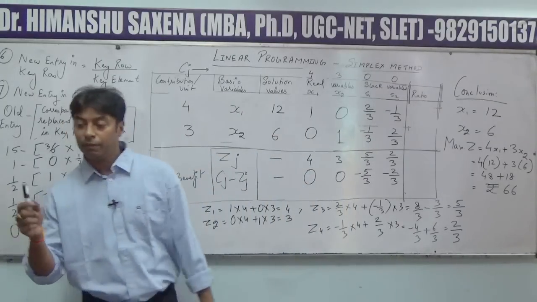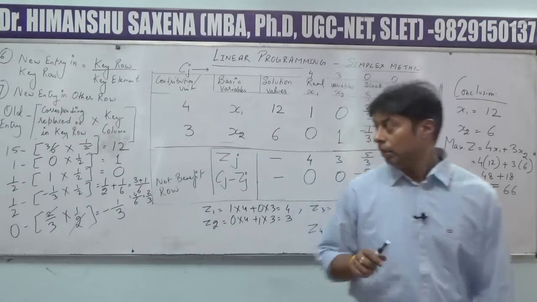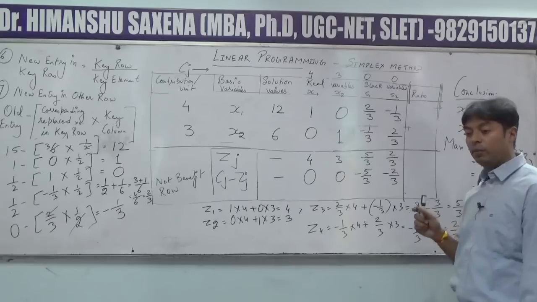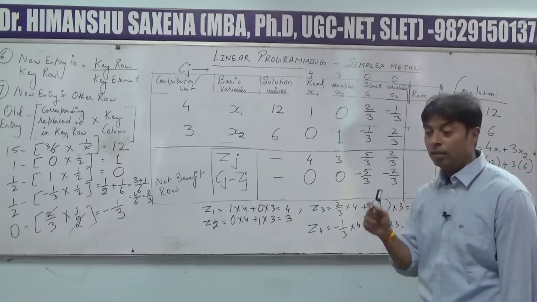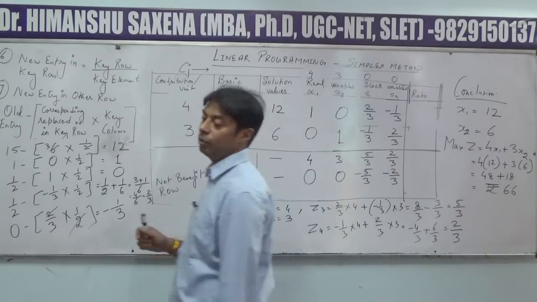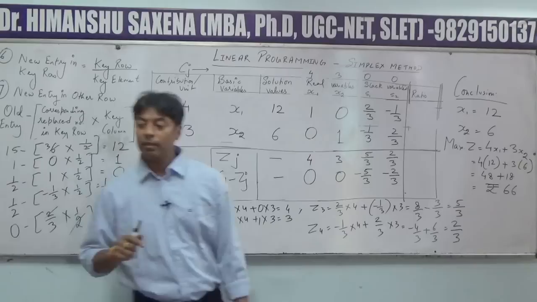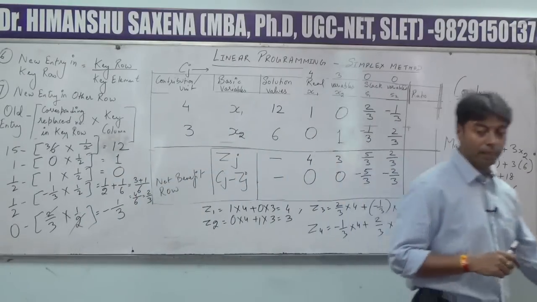X1 was the first product. So the firm should produce 12 units of x1 and 6 units of x2.